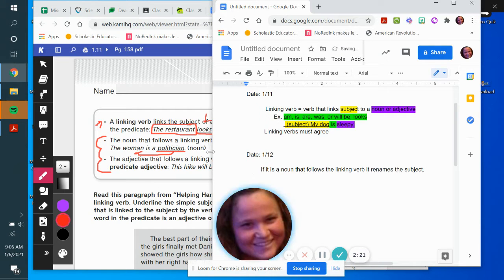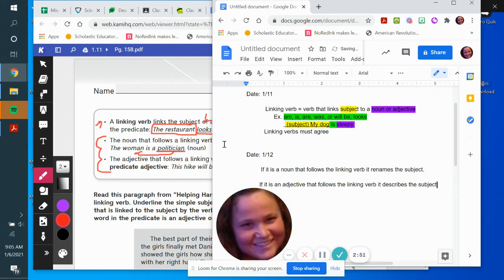And below it, I would do bullet points if I were you. If it is an adjective that follows the linking verb, are you ready? It describes the subject.